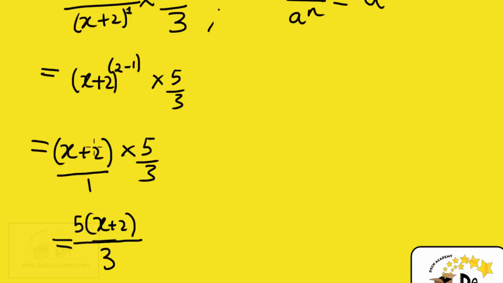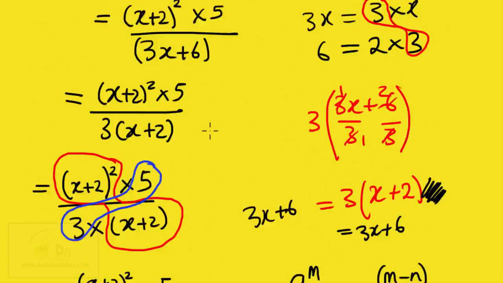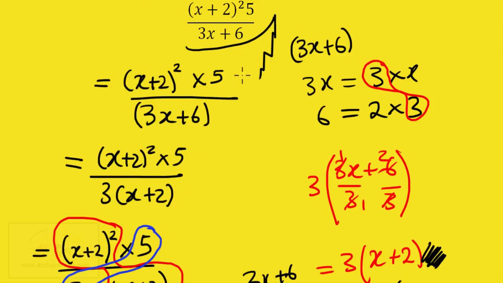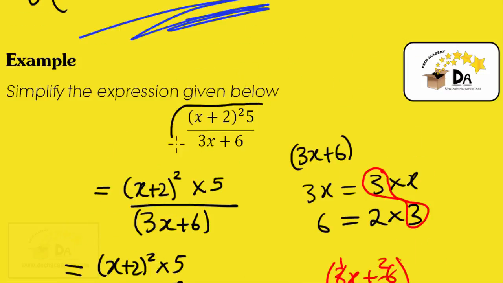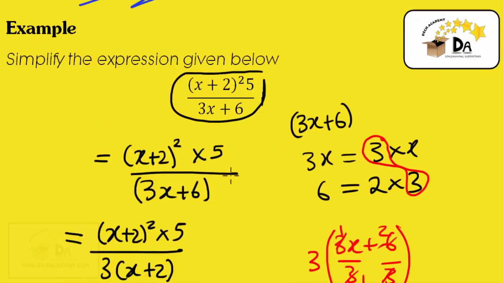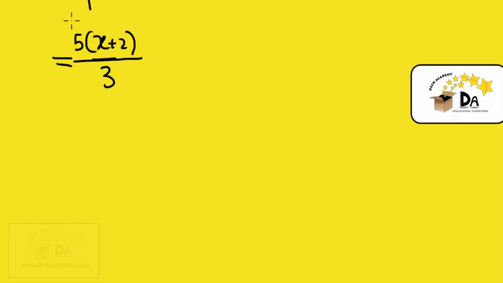Remember, when multiplying fractions, the resulting fraction has a numerator that is a product of the numerators of the original fractions, so x plus 2 times 5. And the denominator of the resultant fraction is a product of the denominators of the original fractions, which in this case is 1 times 3, which is 3. And there we go. The complex expression given has been simplified to this.